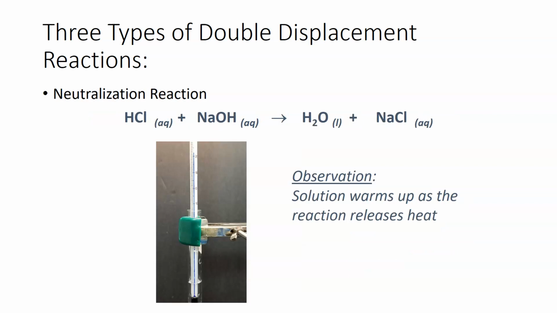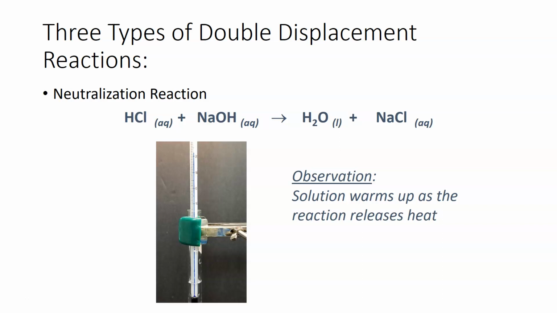The last type of double displacement reaction that you'll see in this experiment is a neutralization reaction between acid and base. Now, the thing about neutralization reactions is that oftentimes there isn't a visual result or a visual sign of chemical change. So one observation of neutralization reactions is that they're often exothermic and release heat.